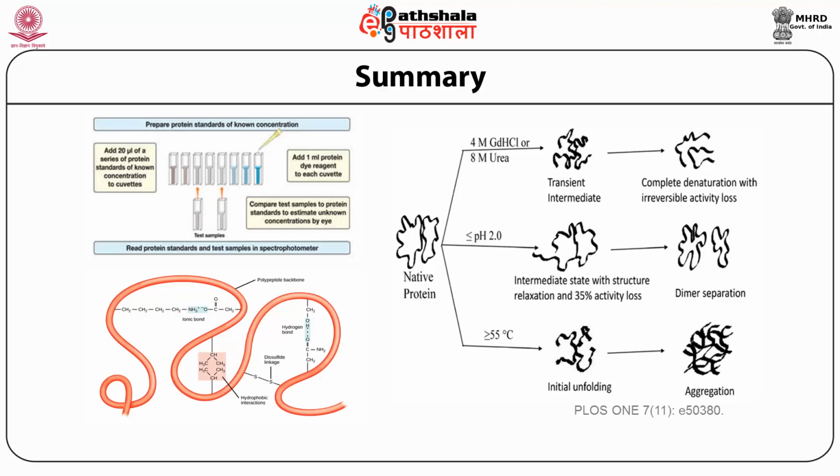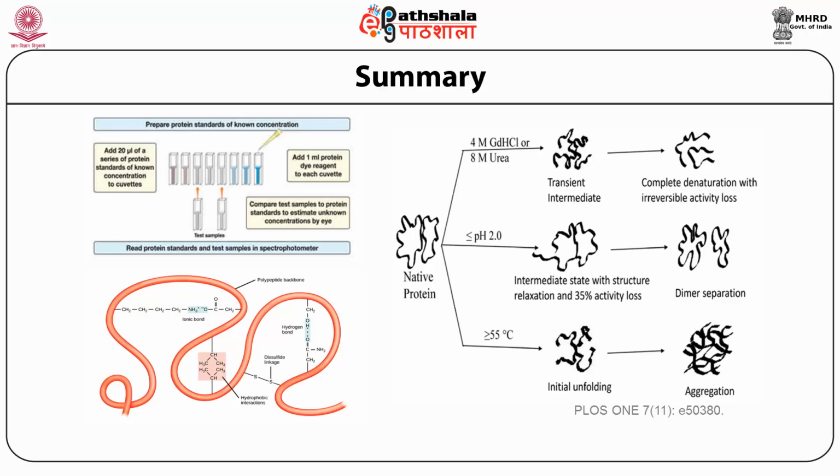There are several forces, non-covalent as well as covalent, that stabilize the three-dimensional structure of the protein, like ionic bonds, hydrophobic interactions, disulfide bonds, and hydrogen bonds. These forces are involved in maintaining the tertiary structure of the protein, and loss of these forces by means like an increase in temperature, pressure, or pH causes protein denaturation.